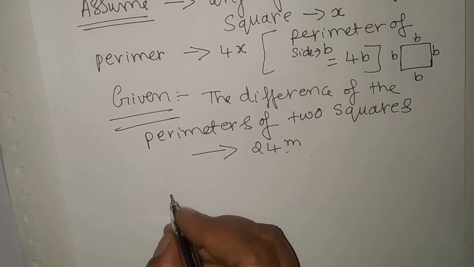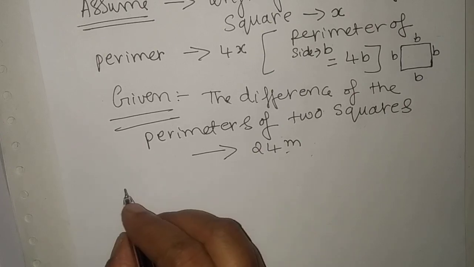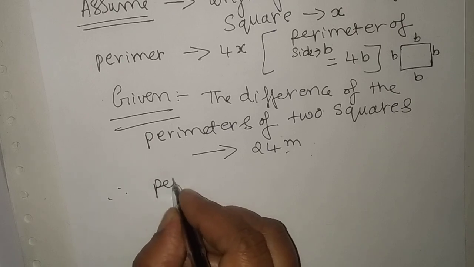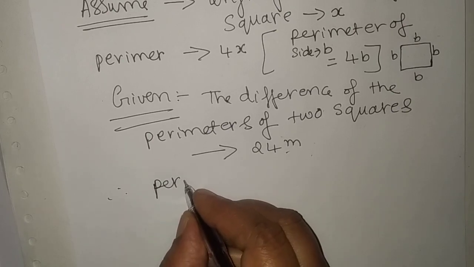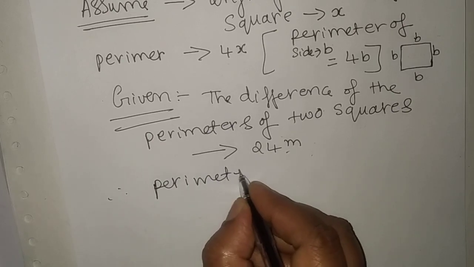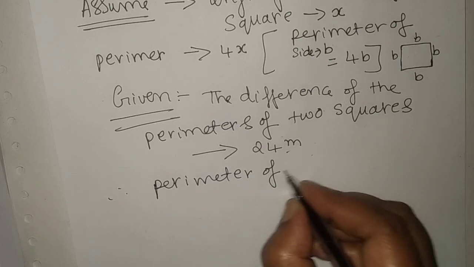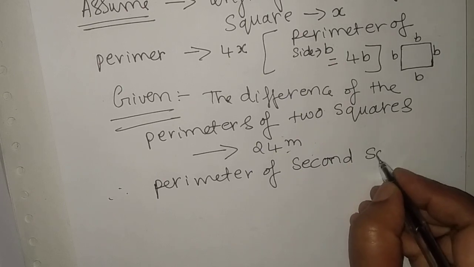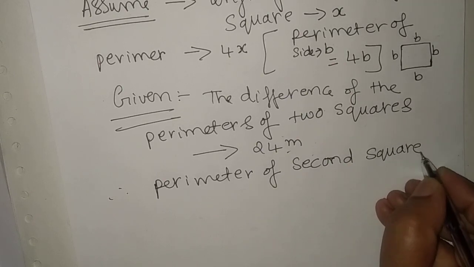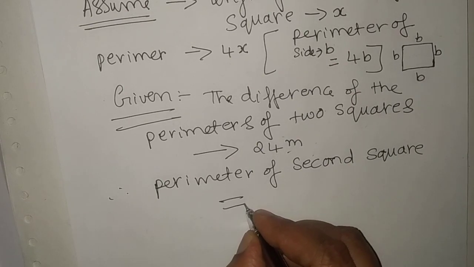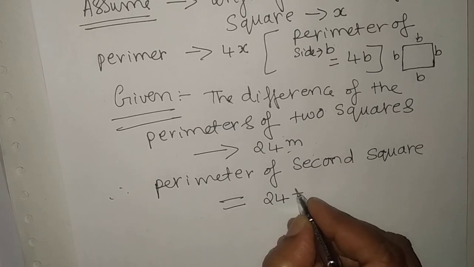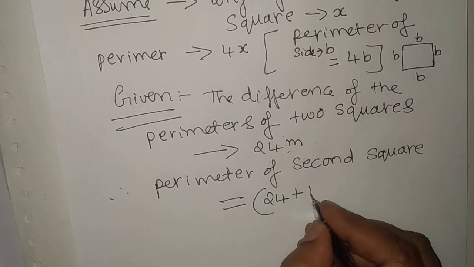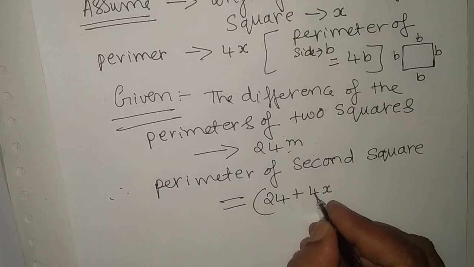Therefore, the perimeter of the second square is equal to 24 plus 4x.